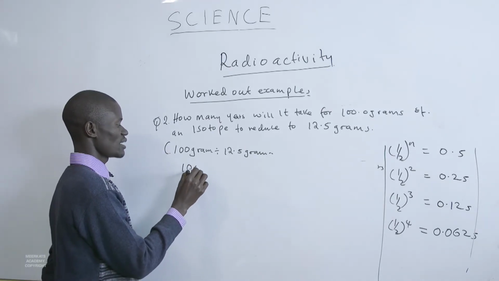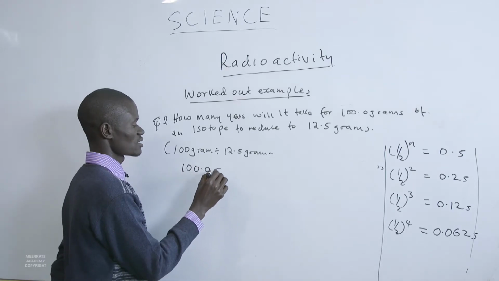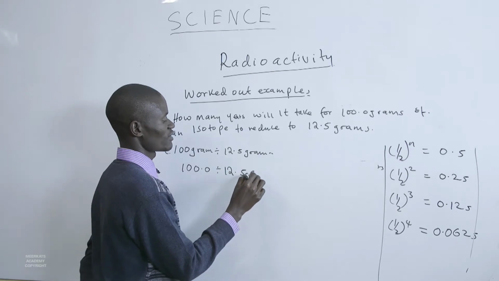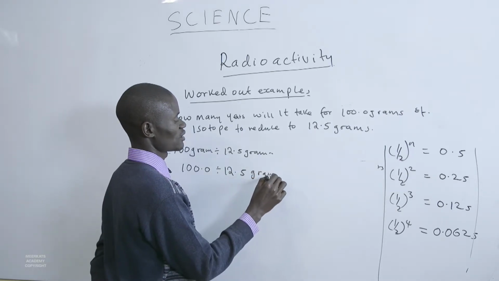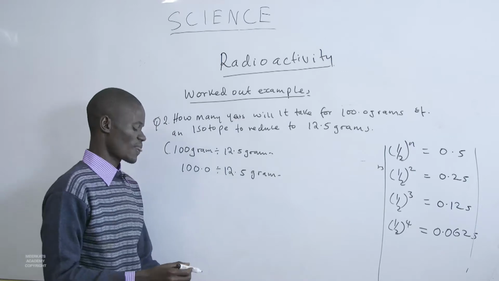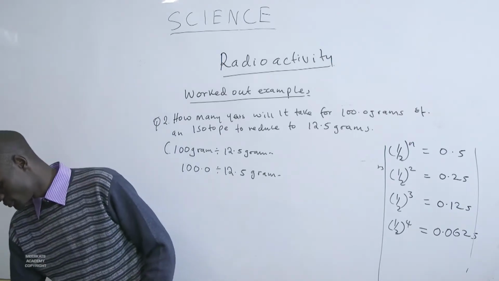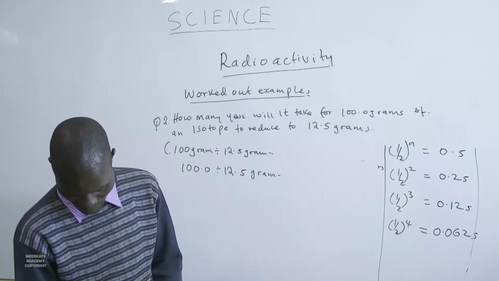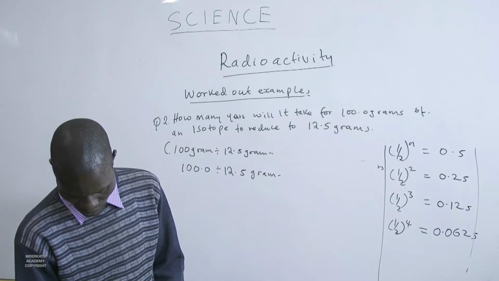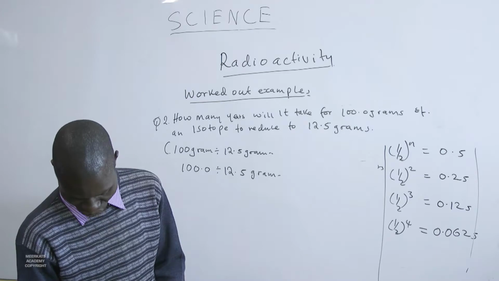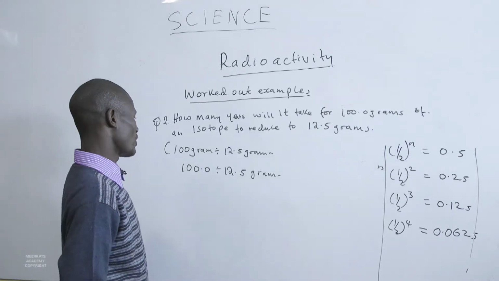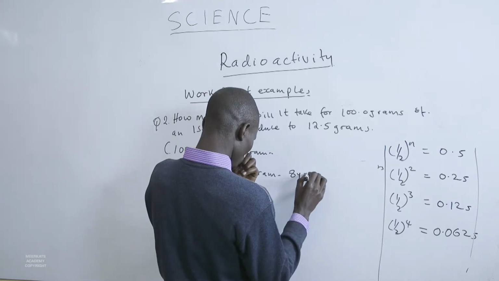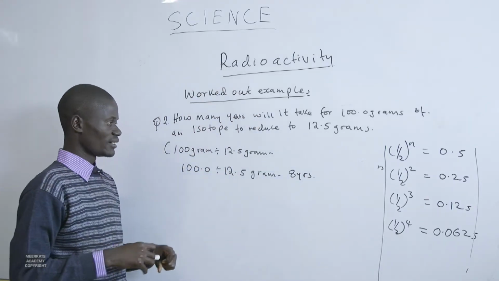When we take 100.0 grams and divide by 12.5 grams, we will get 8 years.